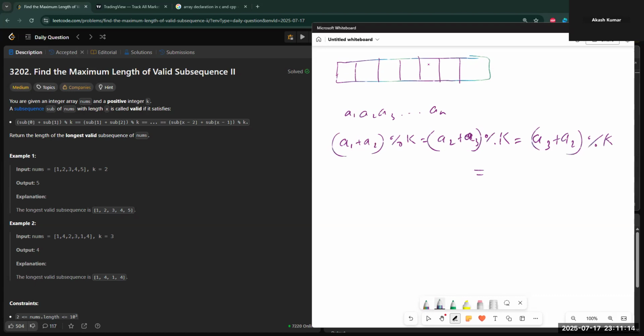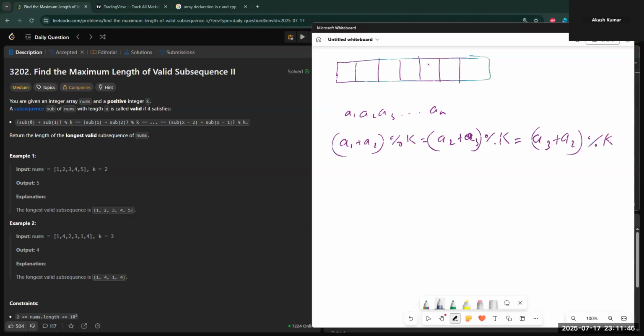For every consecutive pair, the modulus K value should be the same. So the task is the same as yesterday's question; this problem is a generalization of the last day's question.